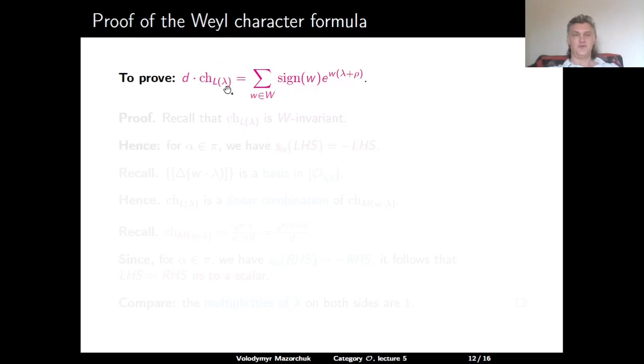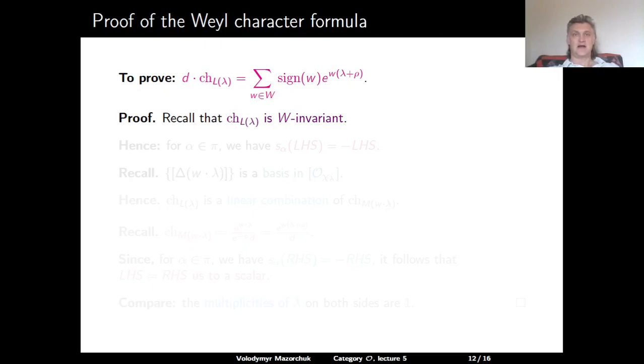So we need to prove that our element D from the previous slide, so the denominator, when multiplied with the character of L lambda, gives us the alternating sum over all elements in W, where the coefficient is the sign of W, of the exponents of W applied to lambda plus rho.